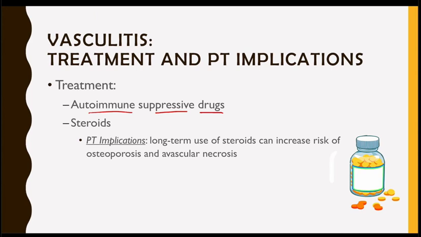Both causes of the vasculitis could respond to steroids. Steroids can help reduce inflammation in both causes. Now, we will talk about this a lot because many of the patients coming up in other pathologies are on long-term steroids. But chronic use of steroids reduces your bone mineral density.